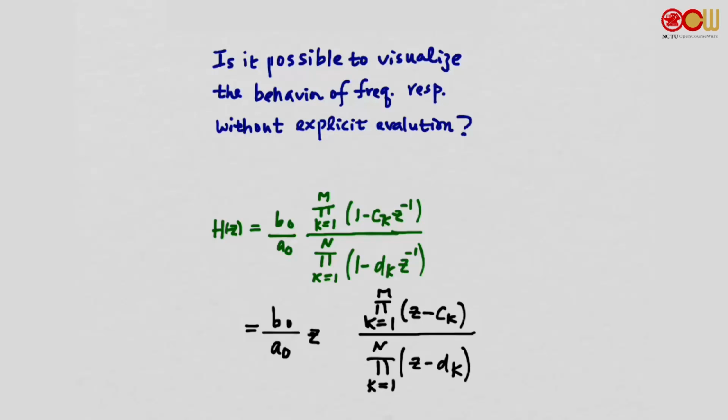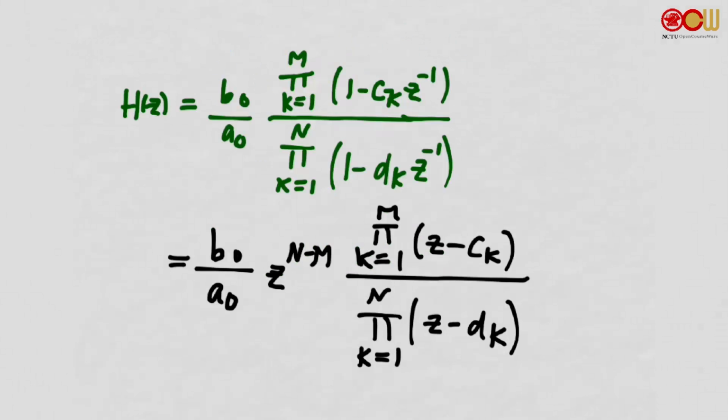To compensate, we have an extra term z raised to the power N minus M. If we want to calculate the value of H(z) for a certain z, we simply plug in the value of z and take the product after we have each term.